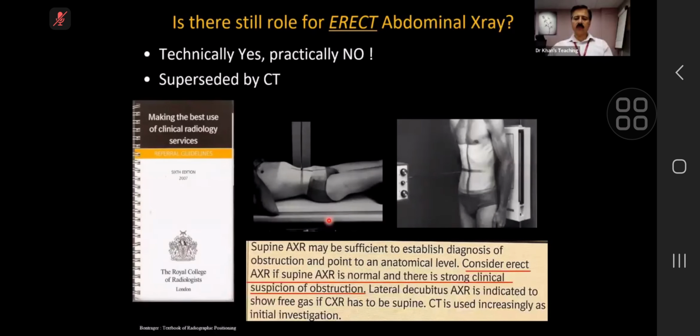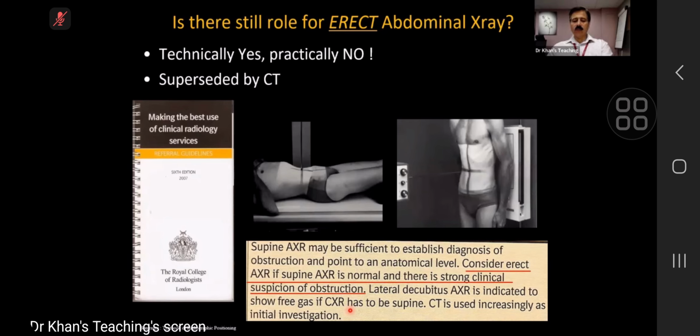Thirty years ago, when we were learning radiology, there was so much literature on erect film, and volumes were written on it and how to diagnose intestinal obstruction. That concept you should still know. In the real world, you will never use it, particularly in the UK. But having said that, in the exam you should know that concept.